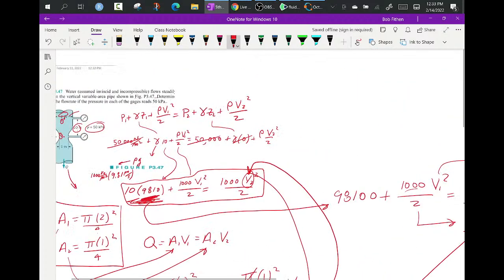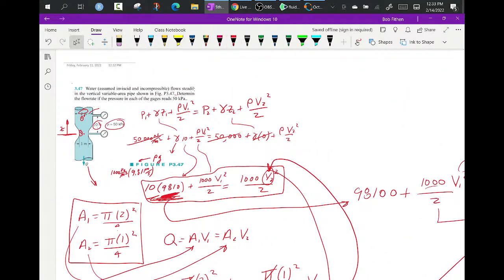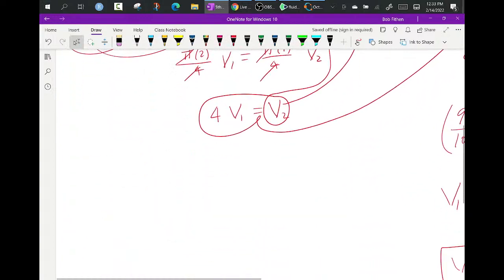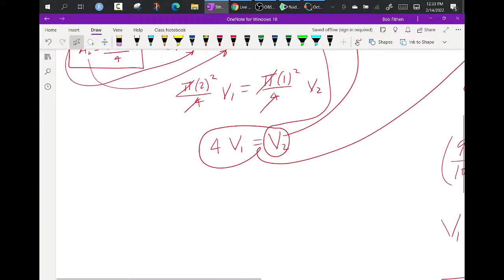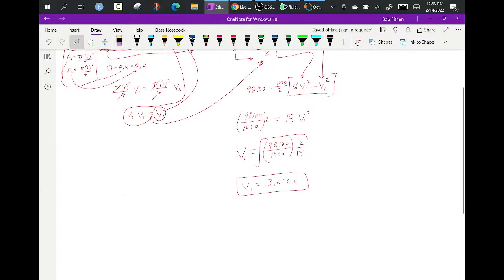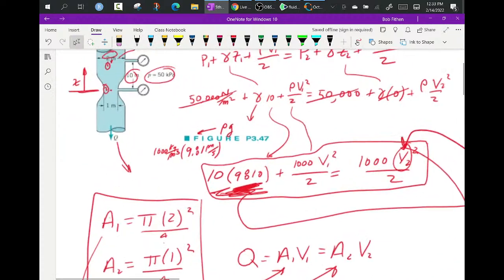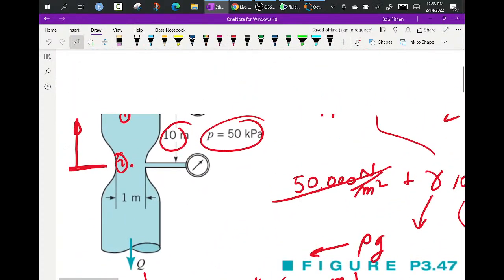Now, before I go any further, determine the flow rate. Okay, he wants to know the flow rate, not the velocity. So that's in meters per second. What I need to do is figure out the Q. A1V1, which is equal to 3.6166 times pi. Okay, A1, the diameter of 1 is the 2.